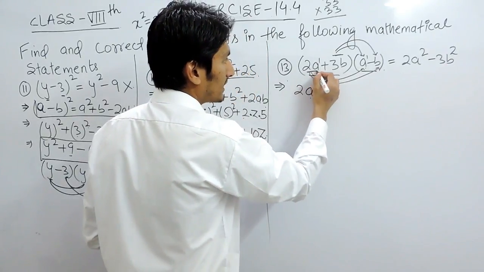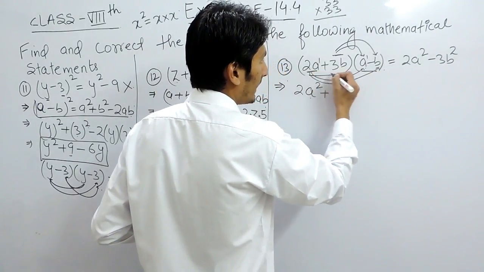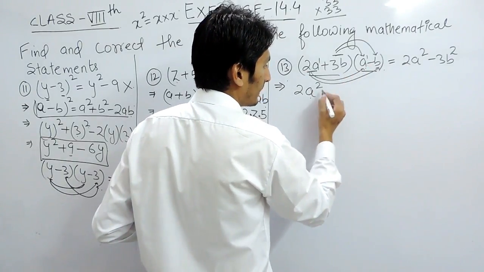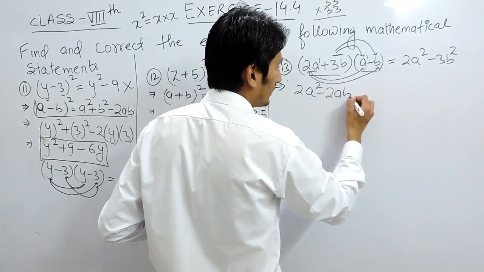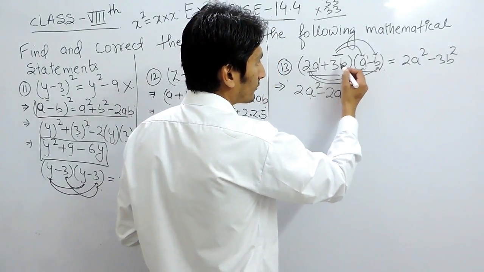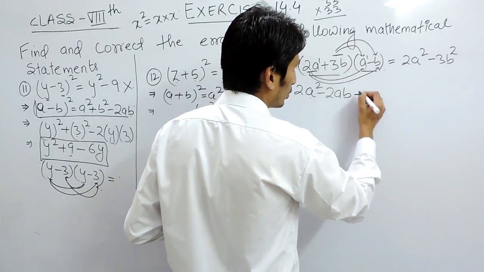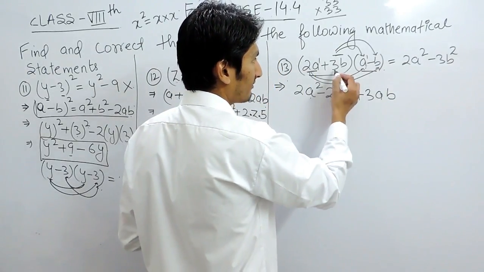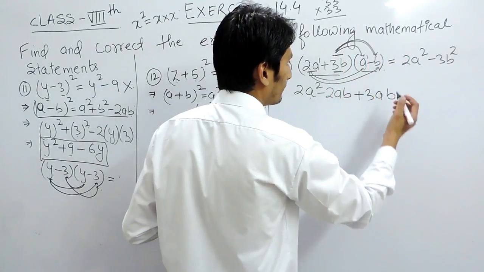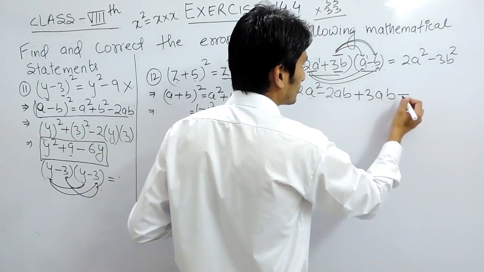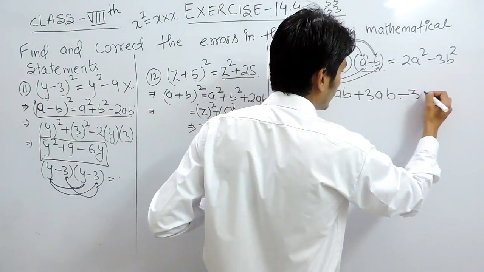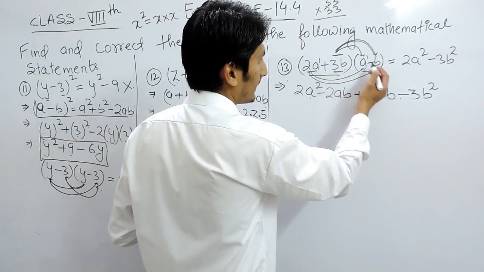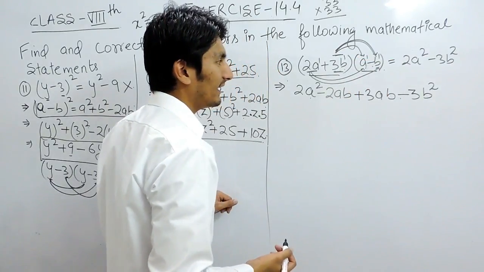Then multiply 2a with the other term: 2a multiplied by b, with the minus sign, gives minus 2ab. Now multiply 3 with a, which gives 3ab. After that, 3 multiplied by minus b gives minus 3b, and multiplied by another b gives b square, where again the powers are added.